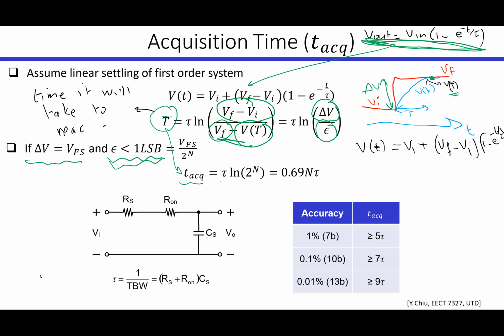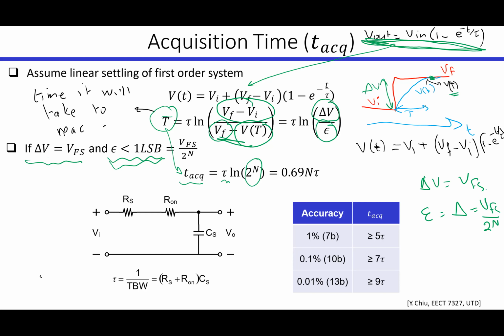So it should be tau natural log with 2 to the power n. From where did this 2 to the power n come? I just substituted that delta V is equal to V full scale and epsilon equals V full scale divided by 2 to the power n.